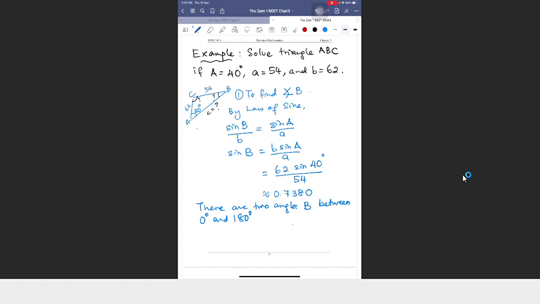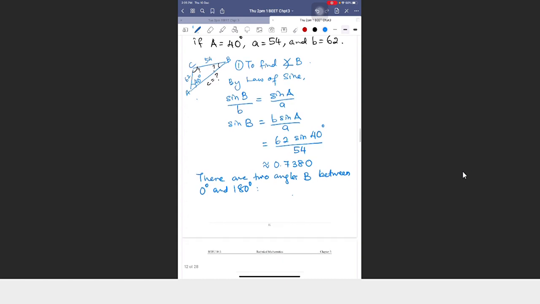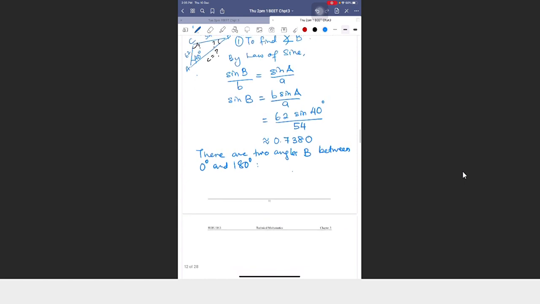Namely, what are the angles? I denote by subscript 1, B1, the angle in quadrant 1. If I use a calculator to compute sine inverse of 0.7380, rounding to the nearest degree I get 48 degrees.